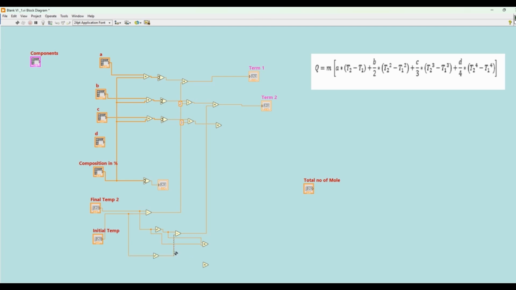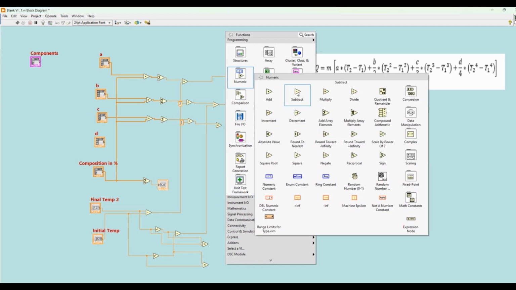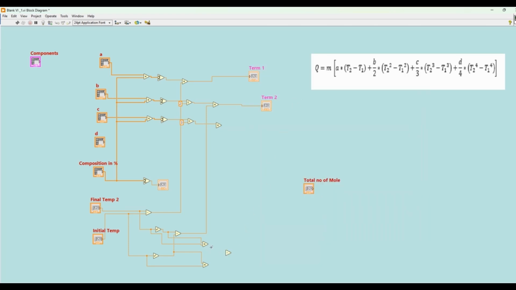So from here I'm taking a square, and from here I'm taking single, and then I'll take the difference of both these terms. So this is your T2Q and this is your T1Q, and then I'll multiply with this C upon 3, term 3.